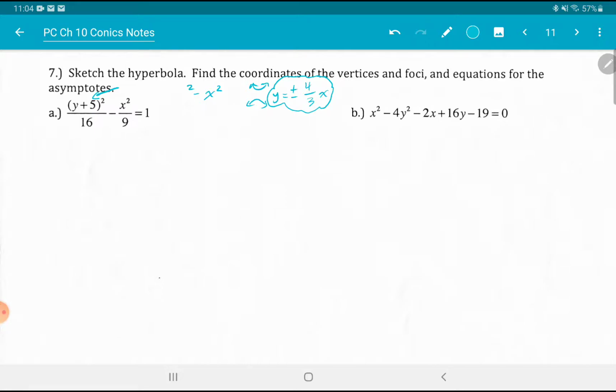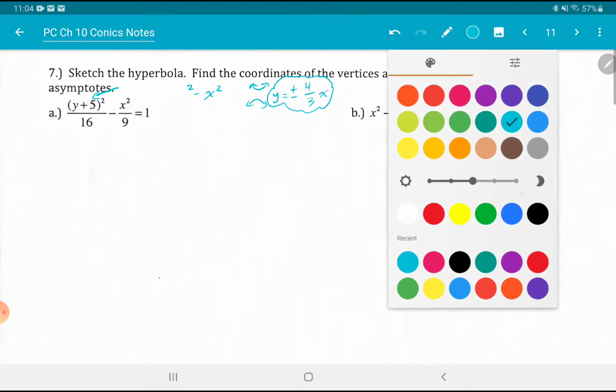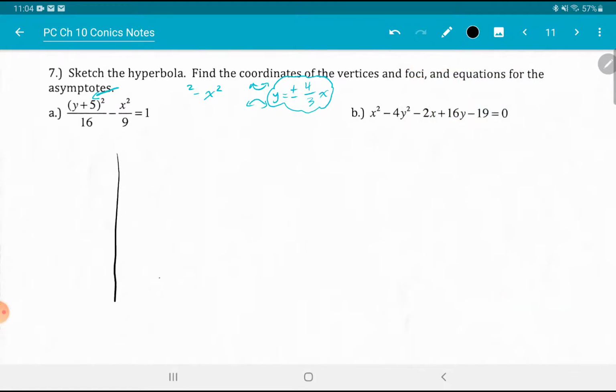Let's go ahead and take a look at this problem now. The first thing I want to do is draw my coordinate plane. The y is 5, so we're going to go down 5.